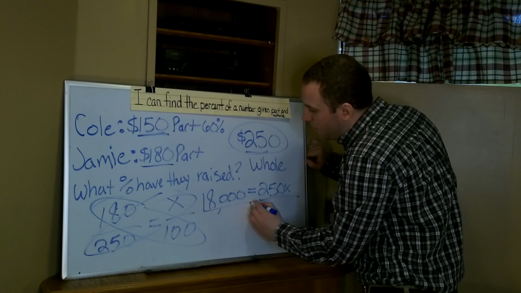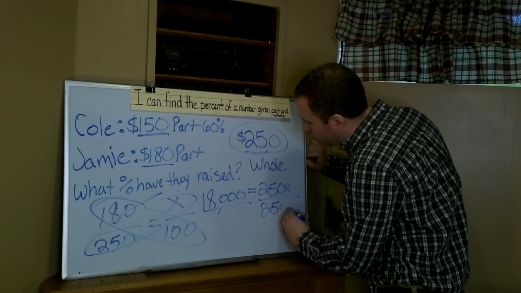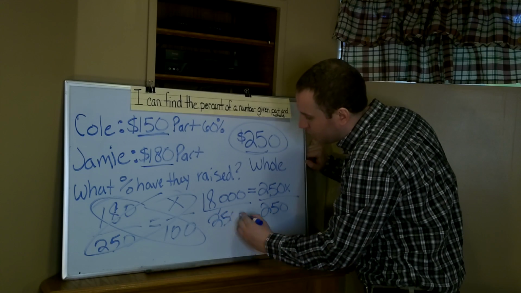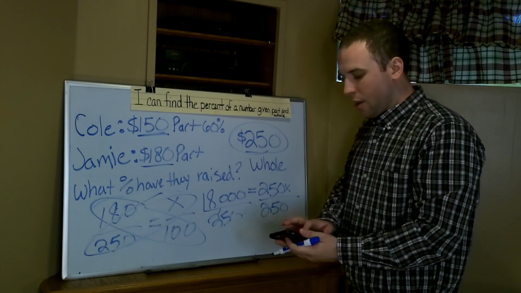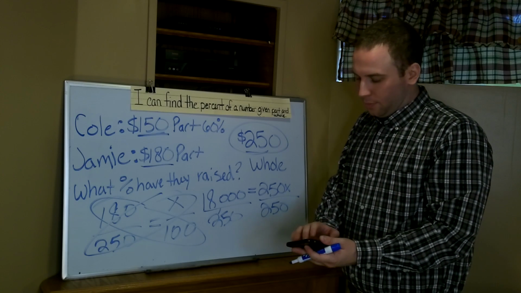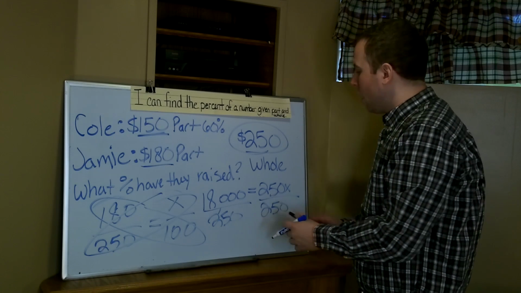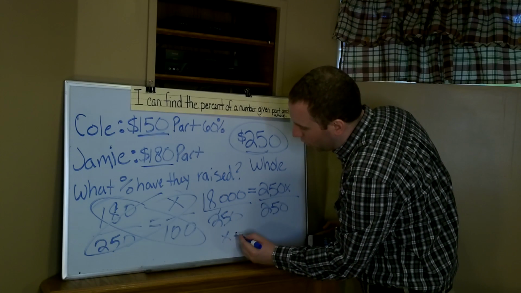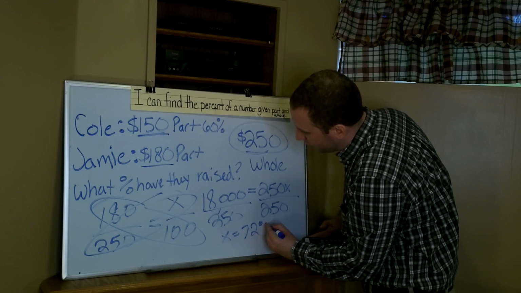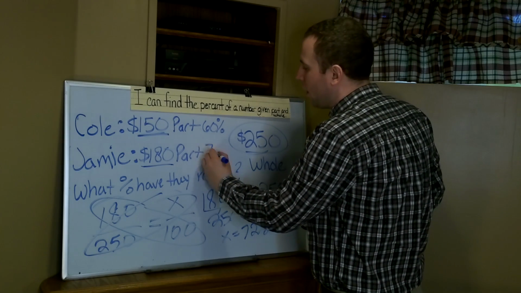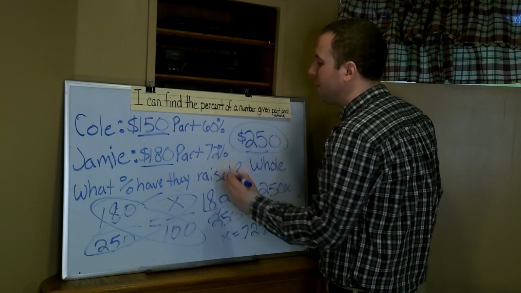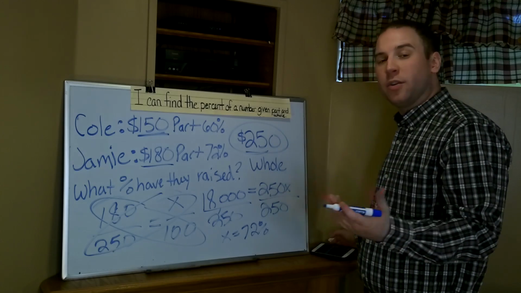Now, we're going to divide both sides by 250 once again. So, x equals 72%. So, Jamie has raised 72% of his fundraiser goal.